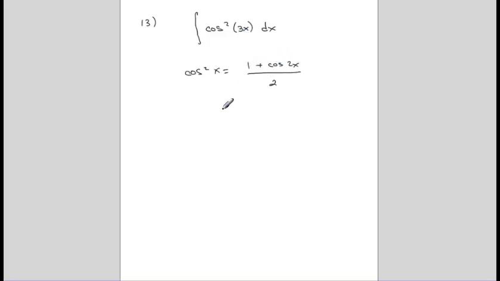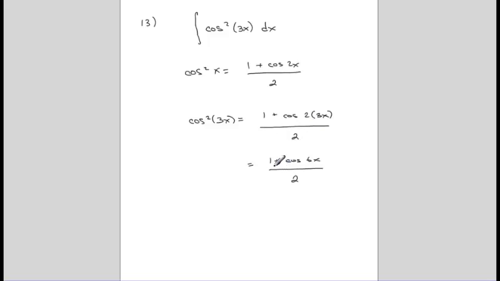So for x, we're going to put in 3x. So we can say that the cosine squared of 3x is equal to 1 plus the cosine of 2 times 3x divided by 2. And that's going to be equal to 1 plus the cosine of 6x over 2.